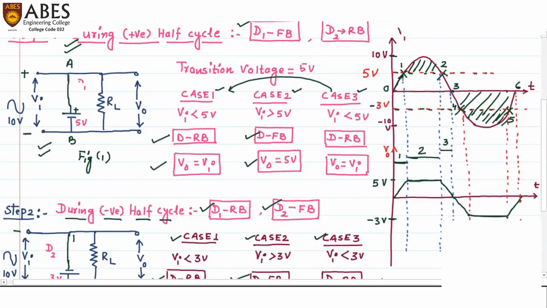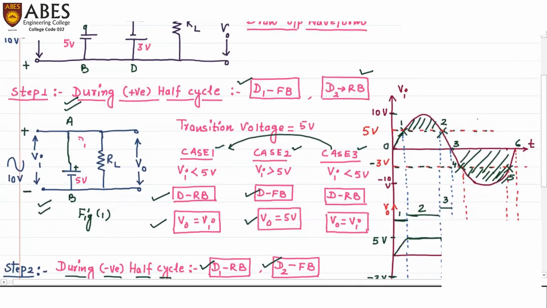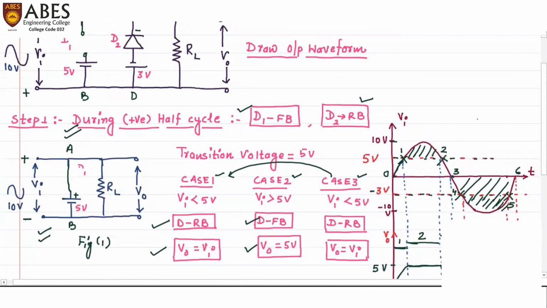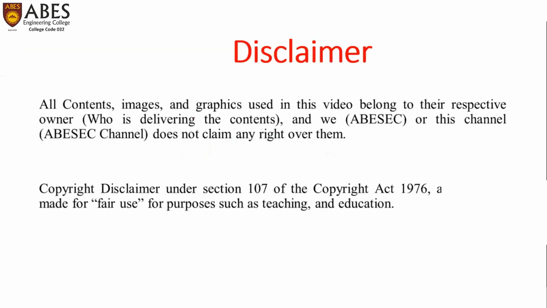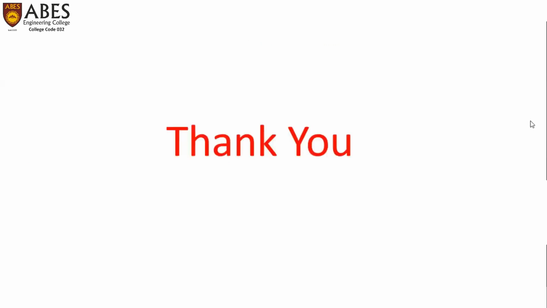Therefore, we can say this is an example of a bidirectional clipper, which is also known as a double-ended clipper, and a combinational clipper. So this is all about the bidirectional clipper. Thank you.